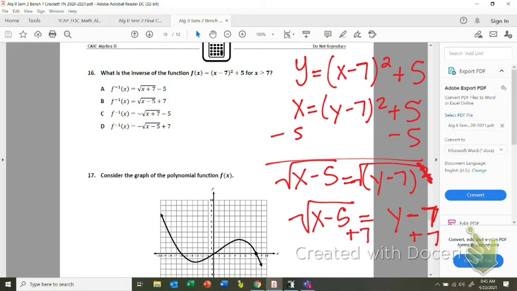Outside, right? So we've got the square root of x minus 5 plus 7 equals y. So let's see. B? What does this right here mean? Inverse. Write that down so you don't forget it.